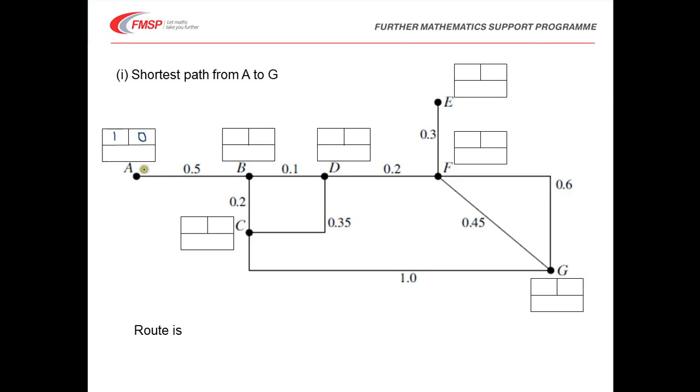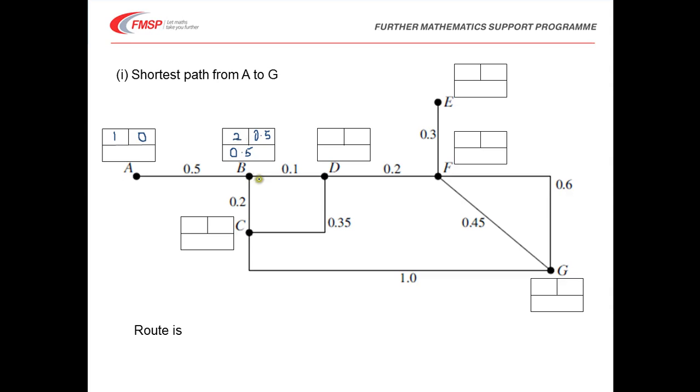We now look at all the places we can go to from A. Now in this particular case there's only one we can go to, which is B. So the distance from A to B is 0.5, and as I say, that is the only place we can actually go to, so that immediately is going to be made permanent. So a permanent label of 0.5, and it's the second one that we're going to do.